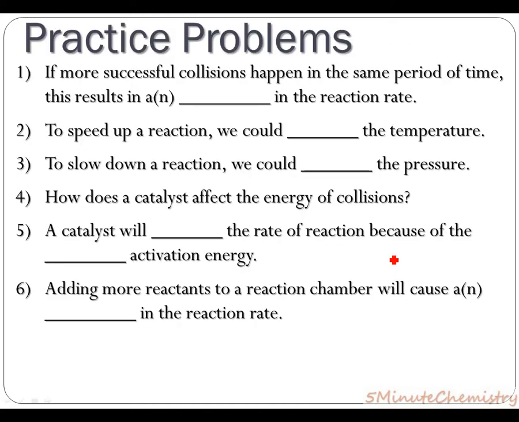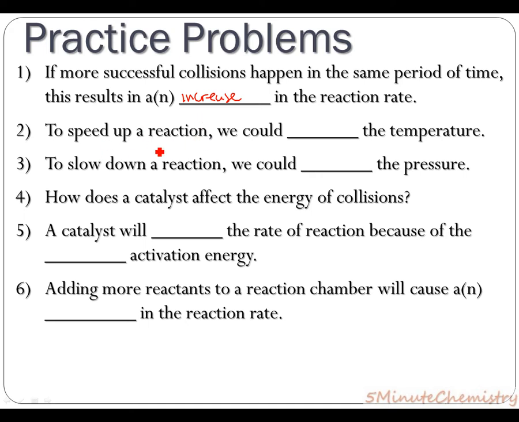Now, for these practice problems, I will let you pause now. Assume that you've done that, and we will continue. If more successful collisions happen in the same period of time, this results in an increase in the reaction rate. More collisions, same time. To speed up a reaction, we could blank the temperature.